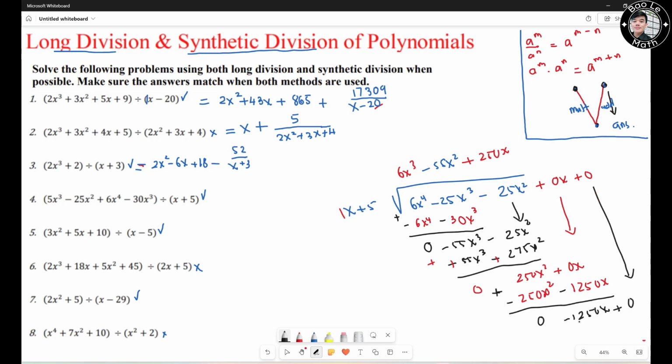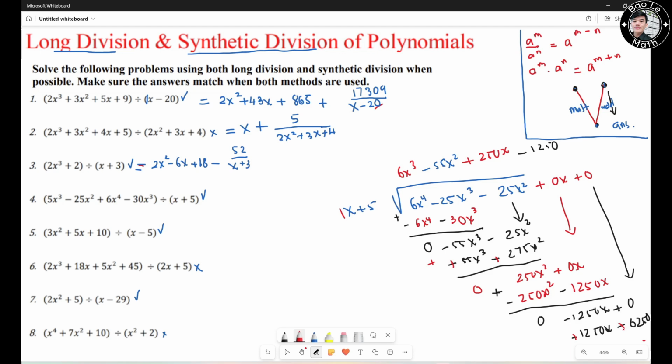Plus 0. So negative 1250s divided by s is going to be negative 1250. So you multiply this one back, it's going to be negative 1250s. Negative 1250 times 5 is going to be negative 6250. Now you change the sign.